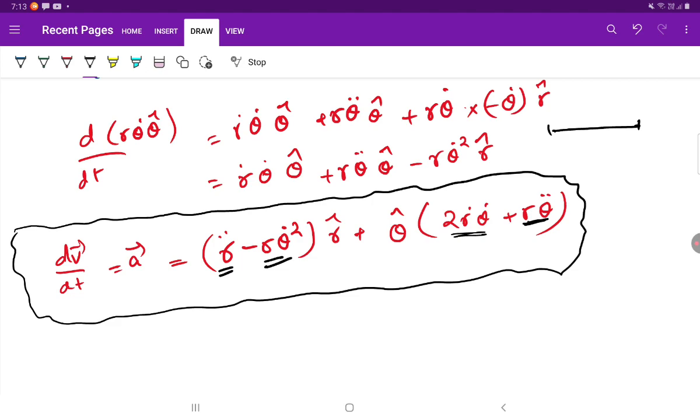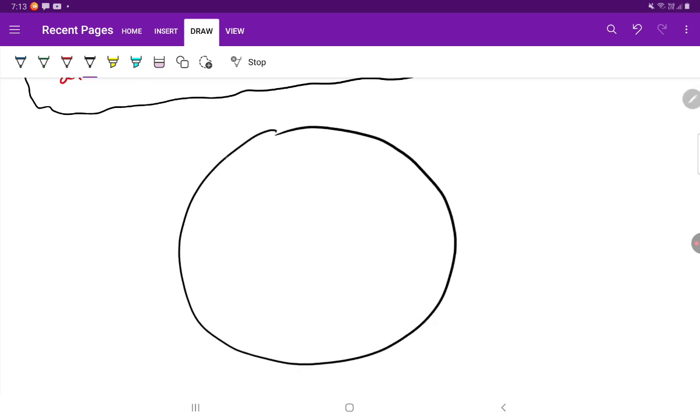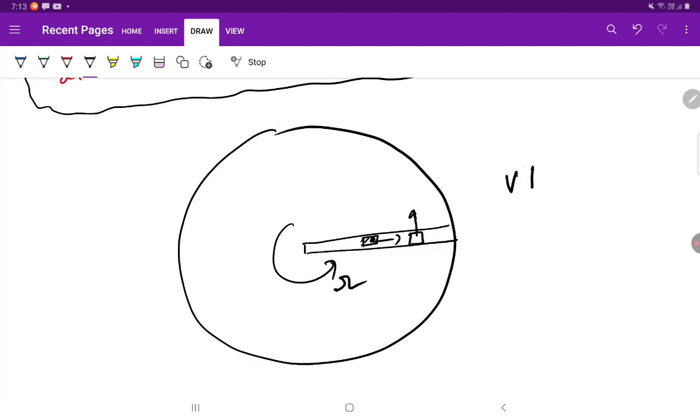Okay, to get your feel, I'll be giving you an example. Suppose you have a turntable, and there's a block on it. Now if you rotate the turntable, you observe that this block will be pushed away. But observe that as it gets pushed away, the radius changes, but assume that this turntable is moving with constant omega. This implies that even if the radius is changing, the velocity increases.